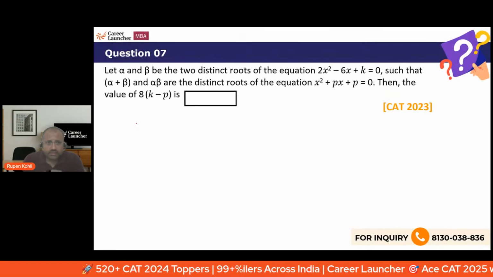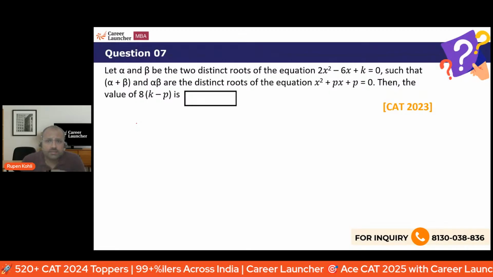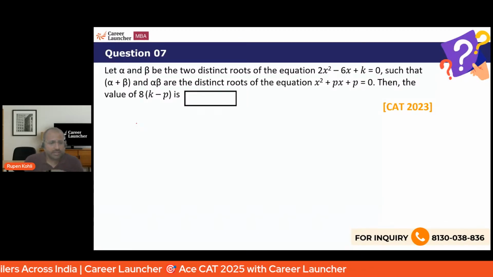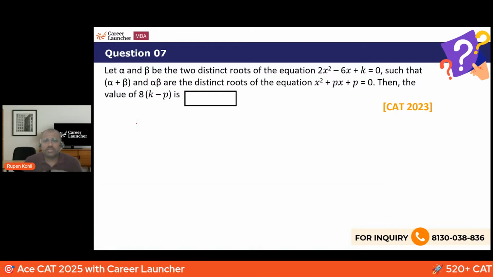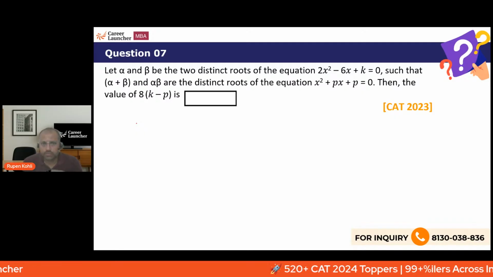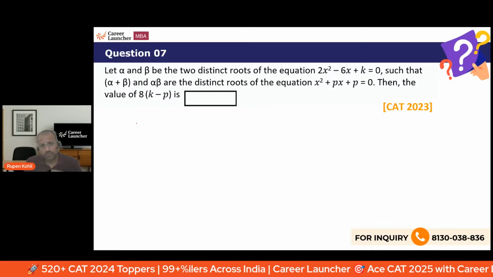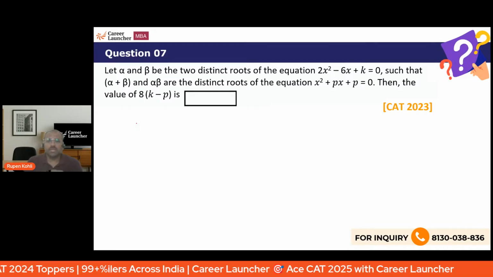CAT 23, a very good question, this one. Let's see. Let alpha and beta be the two distinct roots of the equation 2x square minus 6x plus k is 0, such that alpha plus beta and alpha into beta are the distinct roots of the equation x square plus bx plus p is 0.